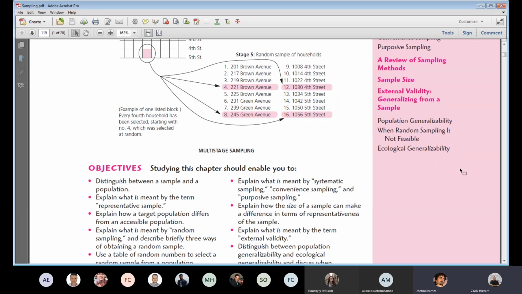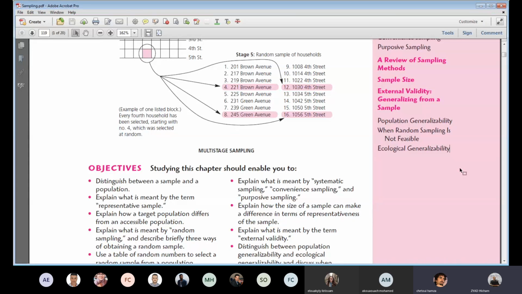Sir? Yes? The article talks about the rural versus urban distinction, and that, for example, research done in an urban area may not be generalized to include all the possible areas because it doesn't account for rural areas.